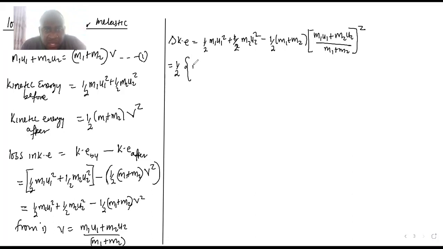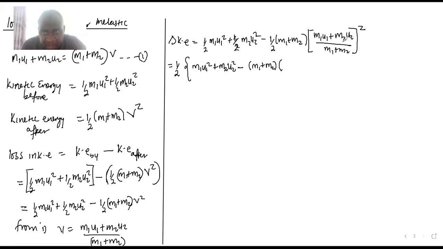Introduce the biggest bracket: I'll get M1 U1 squared plus M2 U2 squared, minus the small bracket M1 plus M2, close small bracket.